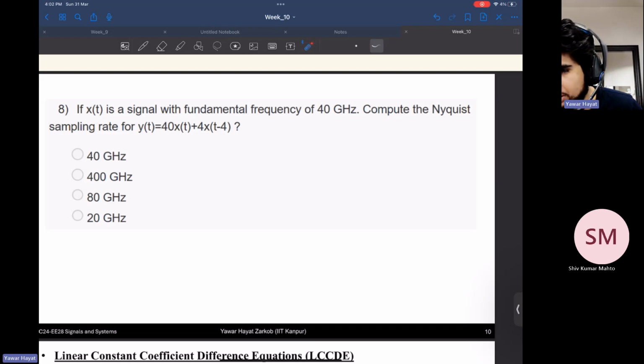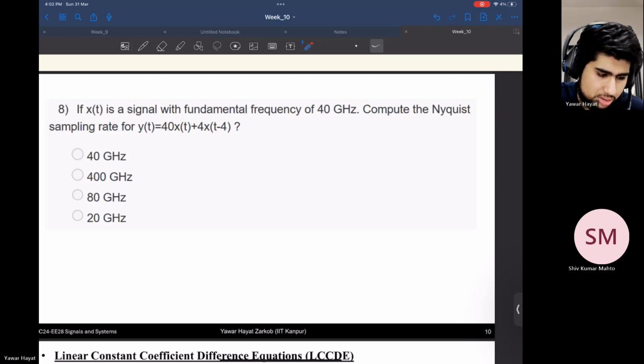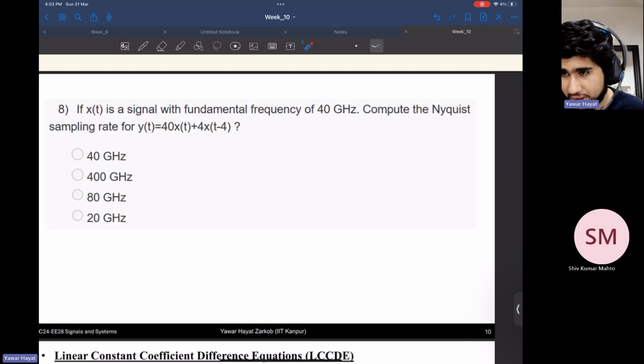There is this time shift operation. But what does this time shift operation do? The time shift operation would only introduce a complex exponential factor, right?